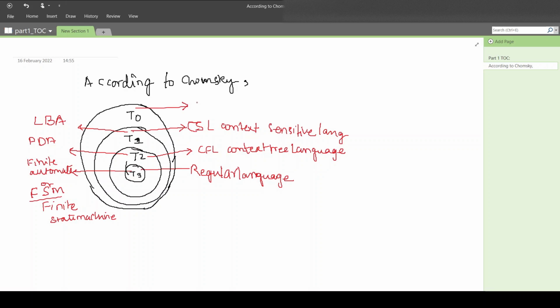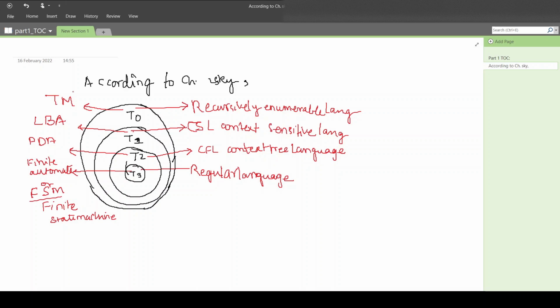T0, Turing machine, can do all of the things. The T0 language formed is the recursively enumerable language, and it's done by Turing machine.